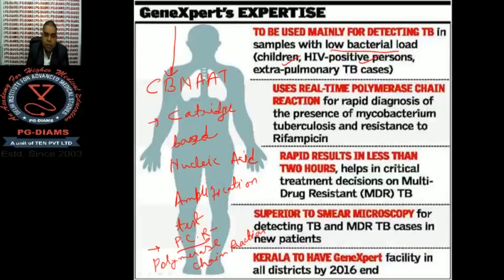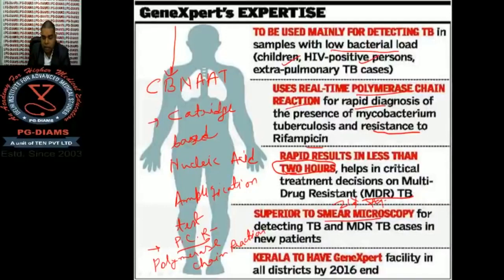Second, it uses polymerase chain reaction, as I told you, for rapid diagnosis of tuberculosis bacteria and to detect resistance to rifampicin. The result comes out in less than 2 hours. It also helps in detecting MDR TB and resistance to rifampicin. It is superior to smear microscopy, which we used to do by ZN staining.